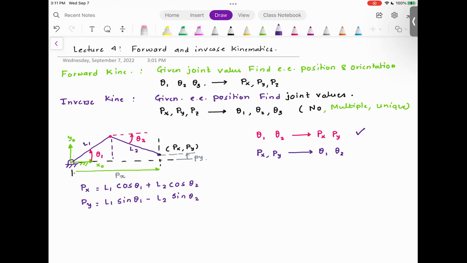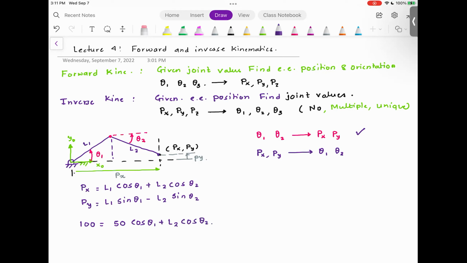And let me give you some values. Say px is 100. 100 is equal to, say, L1, which is maybe 50, cosine theta 1, and L2, I would say again 50, plus L2 cosine theta 2.